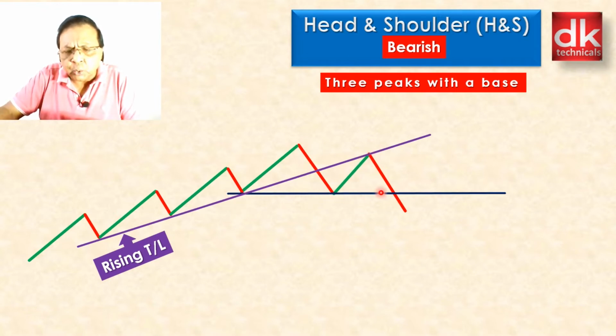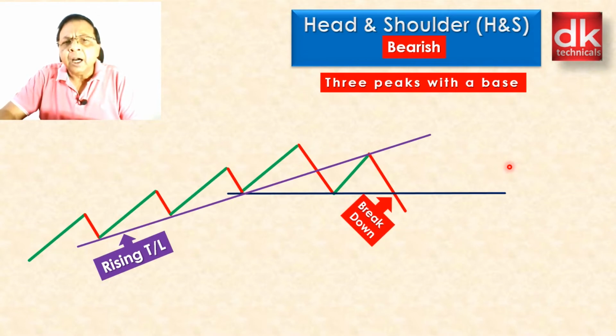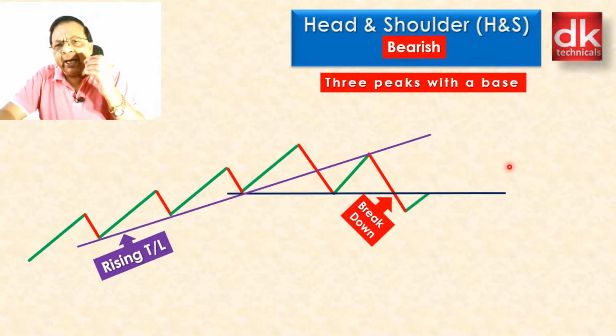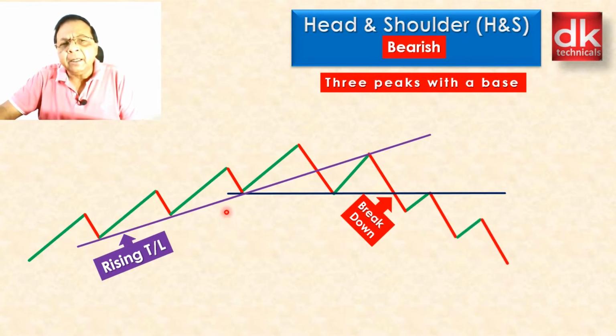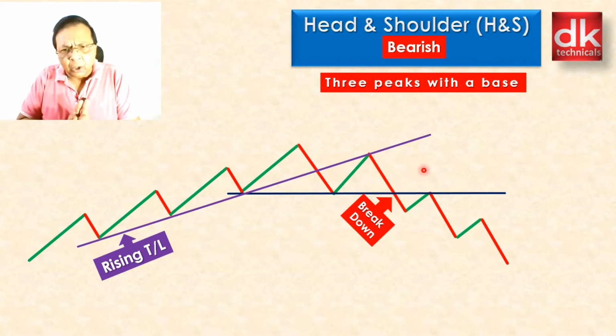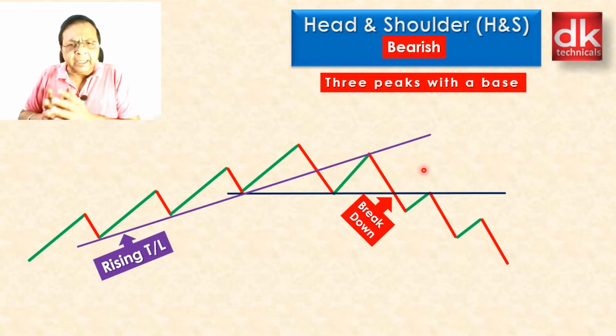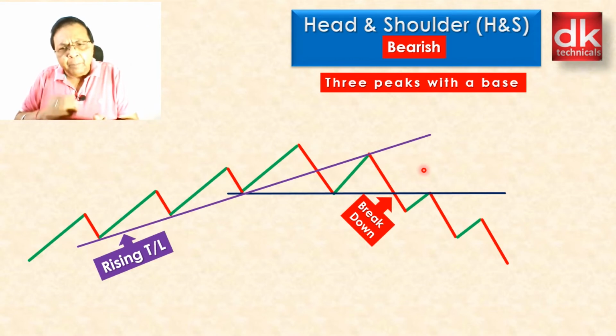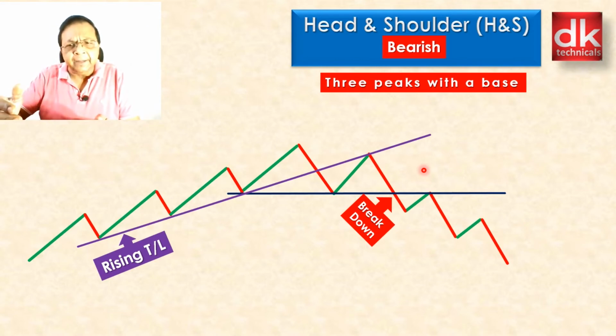If we join these two points, this is called the neckline, and when the price breaks below the neckline it is known as a breakdown. But there is normally a tendency, in the majority of cases, that when the price breaks down below the neckline, it will have a pullback to retest the neckline.